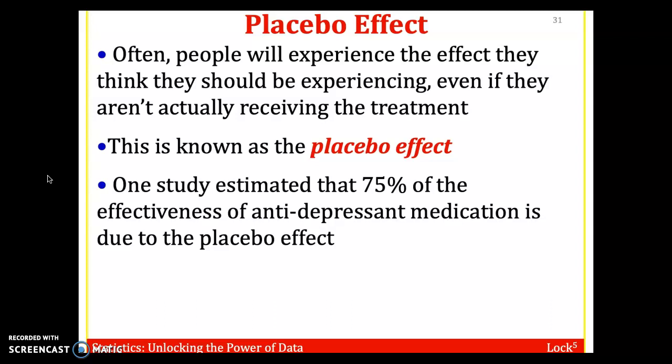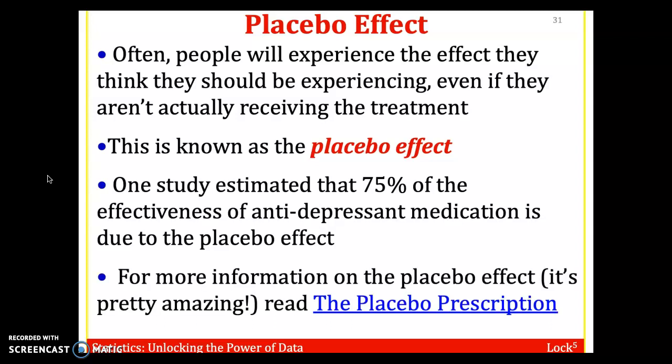Just the fact that people think they're getting medication that will improve something actually improves it, not the medication itself. It's pretty nuts. I think the subconscious brain, the human brain, has a powerful effect. And there's another link I gave for the placebo prescription that goes into this study right here.